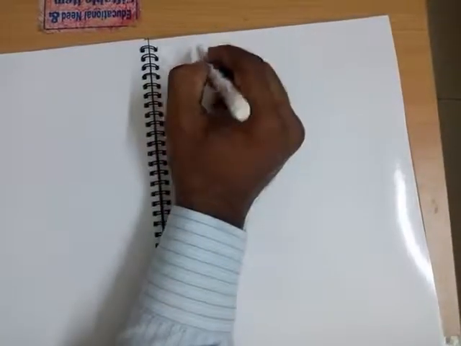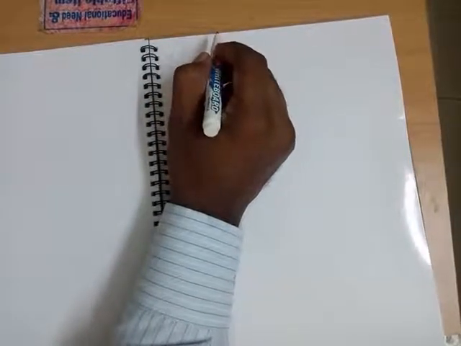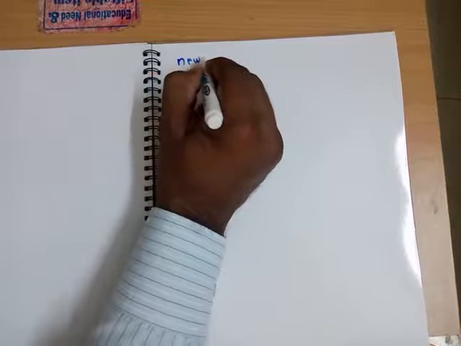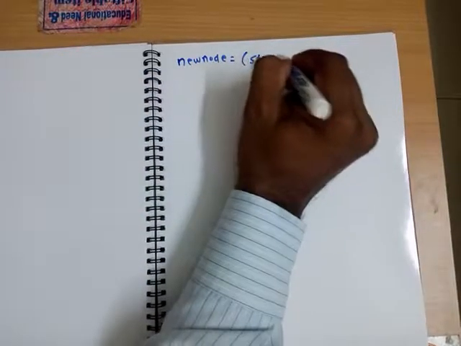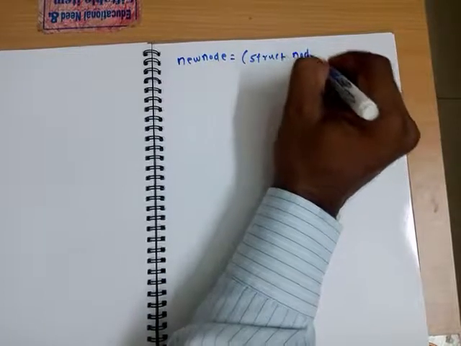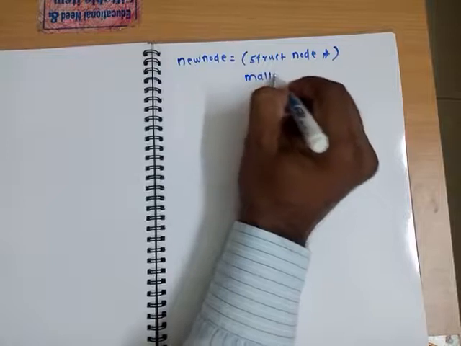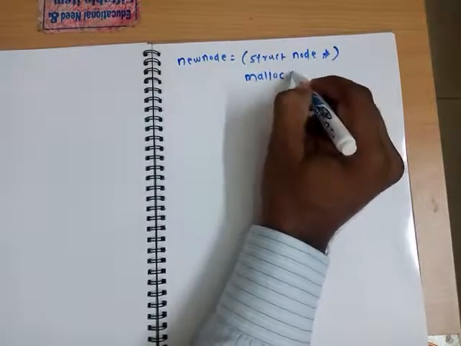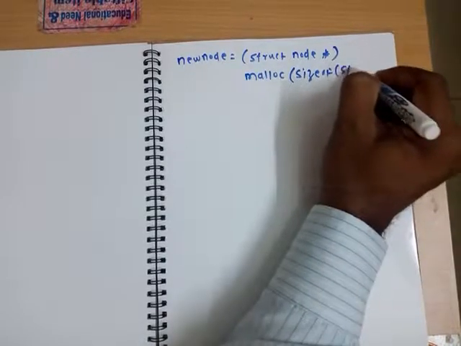So what I'm doing now is demanding memory for the new node. So new node is equal to the same statement. I'll write struct node star malloc sizeof struct node.